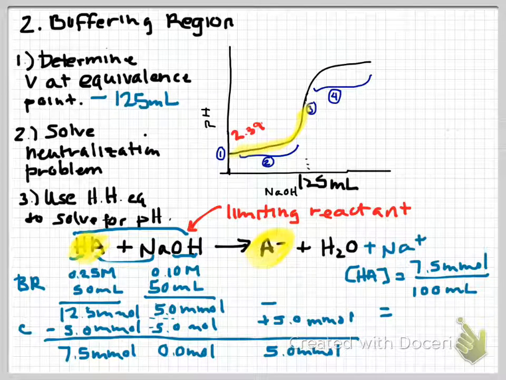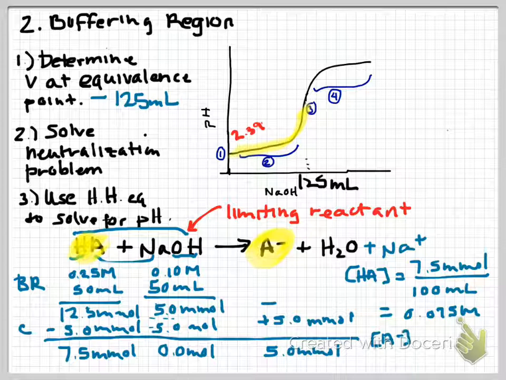So the concentration of that is going to be 0.075 molar. I can do a similar calculation to calculate my concentration of base, and I get that to be 0.050 molar.